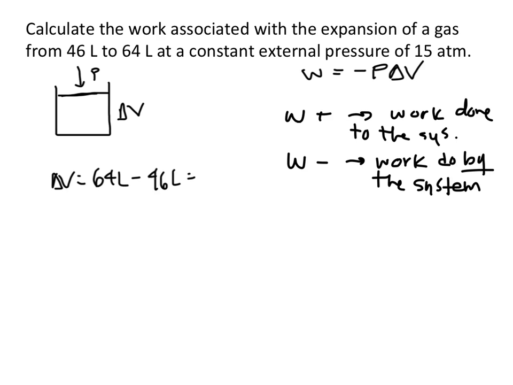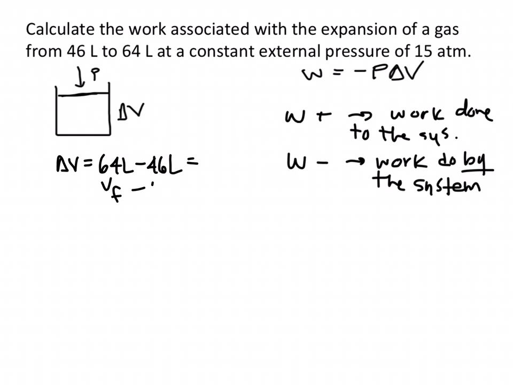If we look at what they've given us, they've told us that we have a gas that's expanding from 46 liters to 64. So our delta V is going to be 64 liters minus 46 liters. We are going from a smaller volume to a larger volume, so our V final minus our V initial is going to give us a positive value.